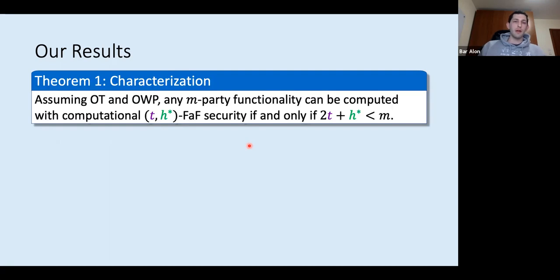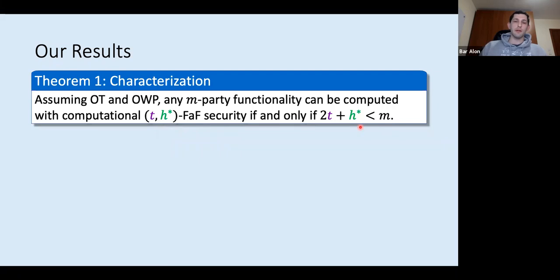Under standard cryptographic assumptions, which I don't want to go into, but just know that they are standard, we know that any functionality can be computed with (T, H*) FAF security, where T indicates the number of malicious parties and H* indicates the number of semi-honest parties that act honestly, if and only if this equation holds.